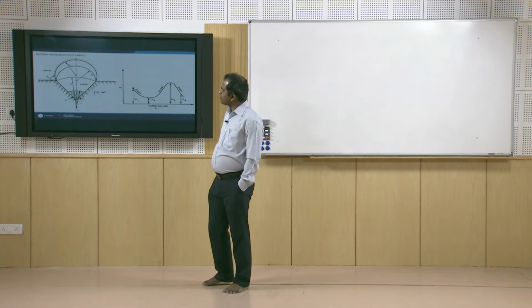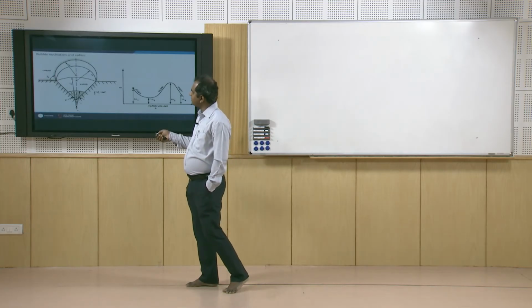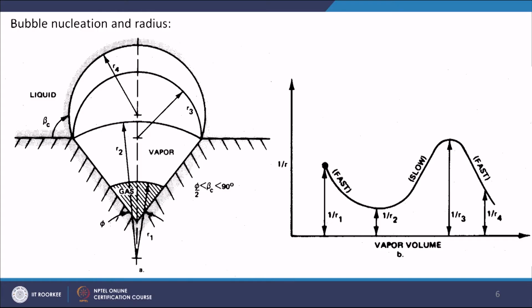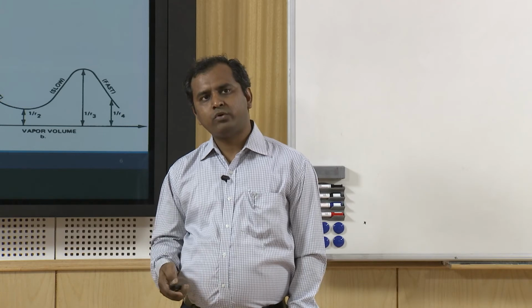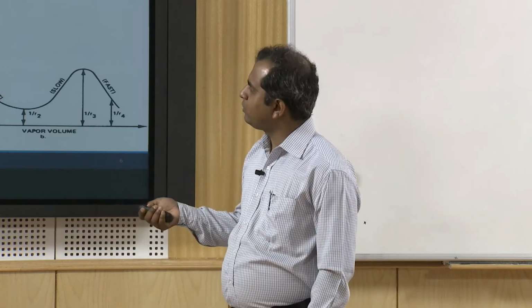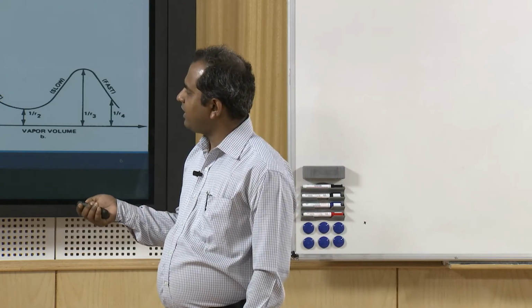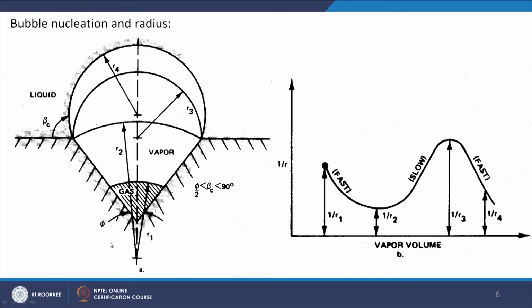So, here I have shown a typical nucleation site. Typically, nucleation sites are surface roughnesses. Those are very irregular, but to standardize, we take a nucleation site like this one. Here I have shown a V grooved surface. So, you see this is your nucleation site.